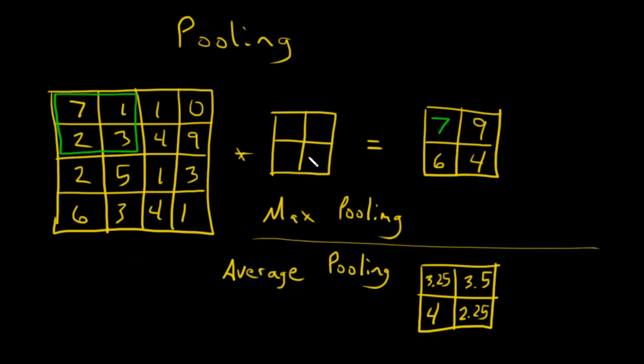If I have a 2 by 2 filter, I am halving the dimensions of my original image. So if I started out with a 300 by 300, I do max pooling with a 2 by 2, I'm going to wind up with a 150 by 150 matrix. And by preserving the largest pixel value in each group, I actually maintain most of the information that I would need to extract further features. So max pooling is what preserves the actual information.